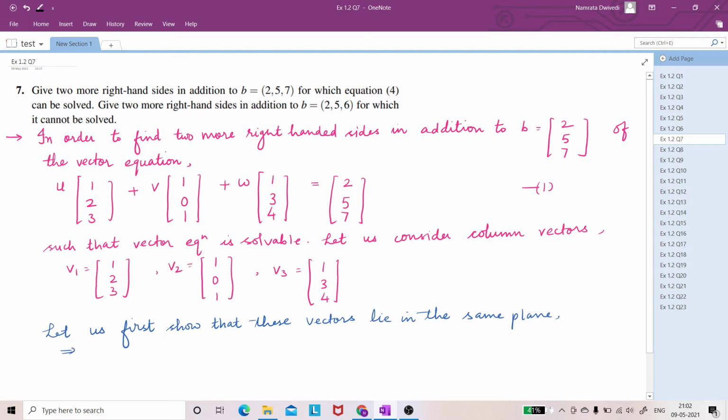this means we have to prove that there exists a non-trivial solution.